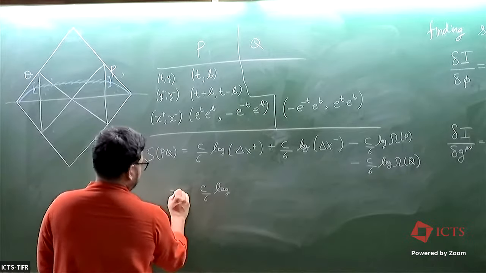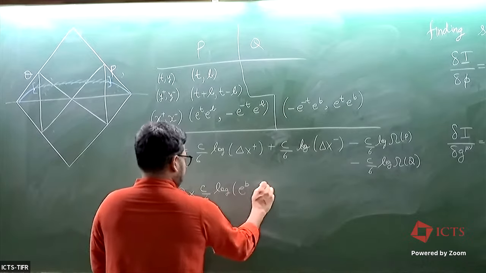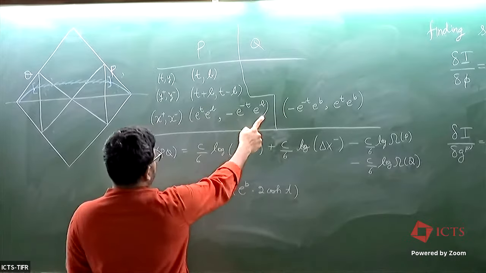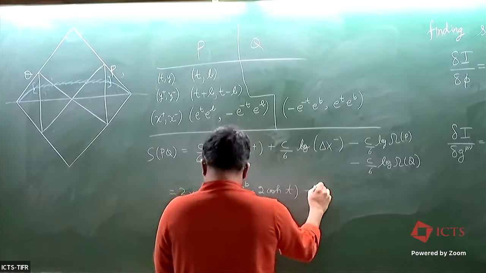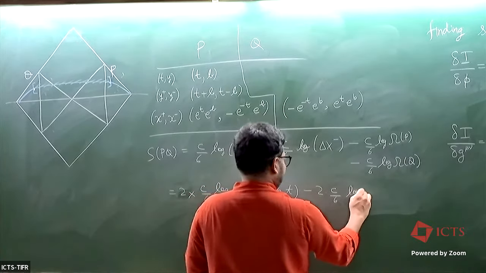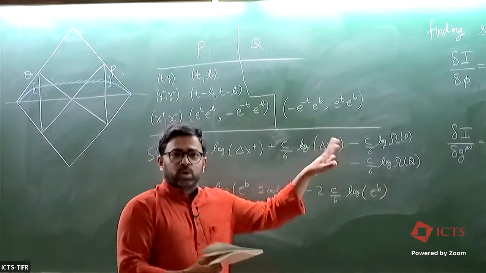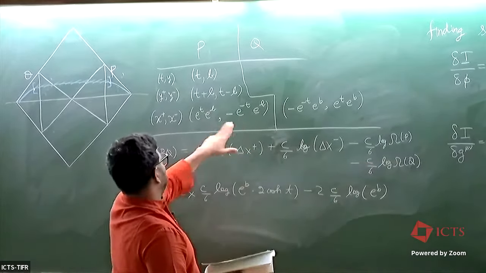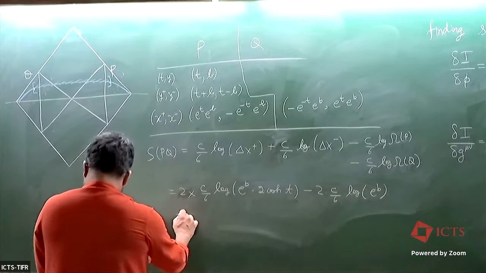I'm just going to write it. The first two terms are equal. e to the b times 2 cos t, right? Because when you take the difference here, you get e to the b common, and there's a 2 cos t, and then minus 2 times c over 6 log of e to the b. So this factor is the same that we calculated before. That was the square root of x plus x minus. So when you multiply x plus x minus, you just get e to the b. So that's the thing.